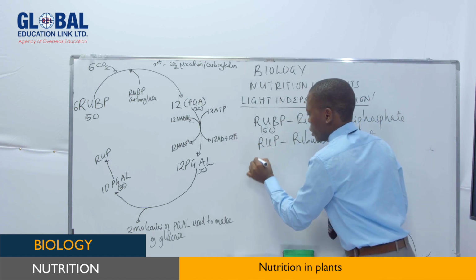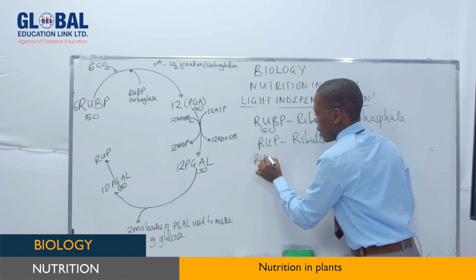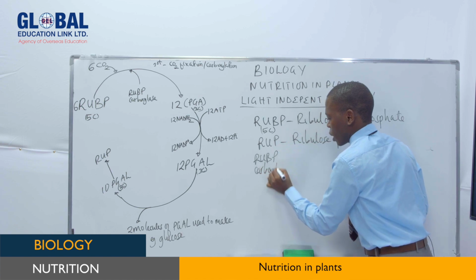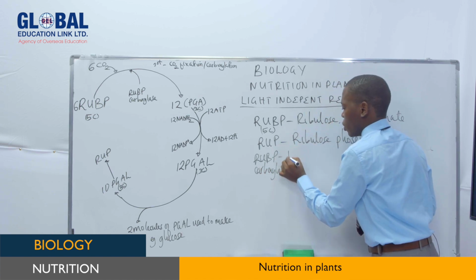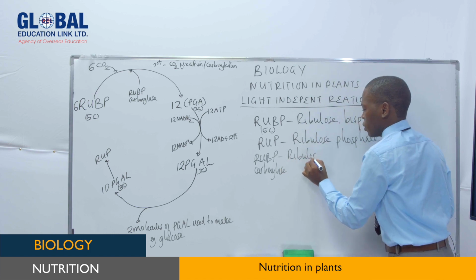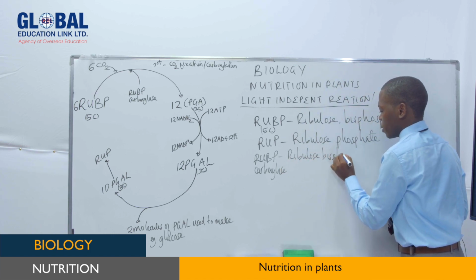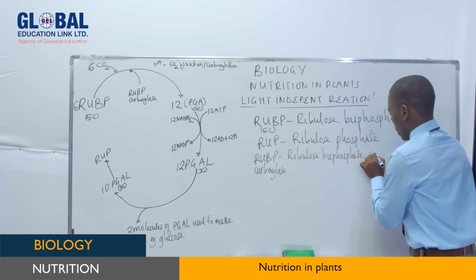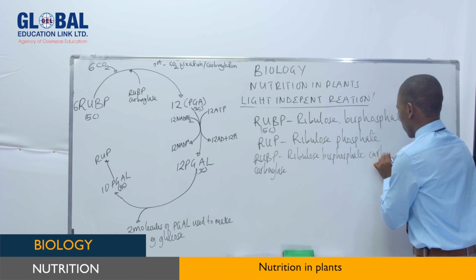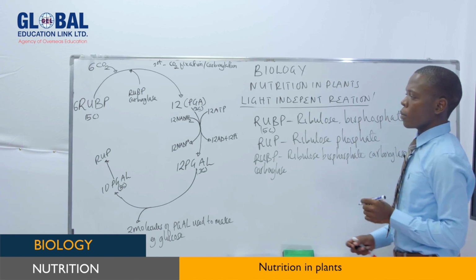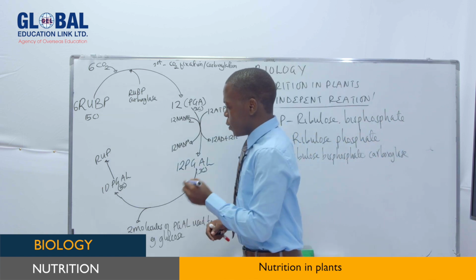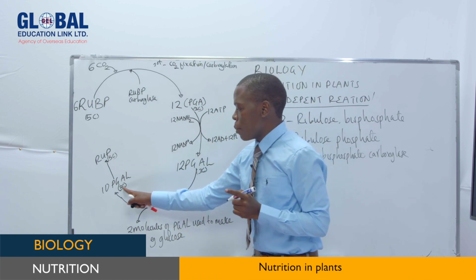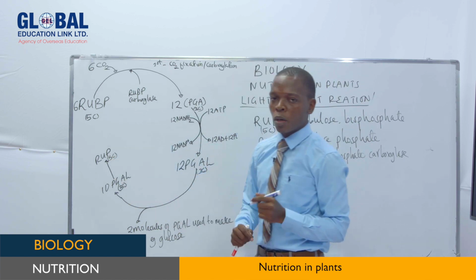Okay, the RuP has been formed. You see, this is a 5 carbon compound, as we have said, 3 carbon compounds forming a 5 carbon compound.